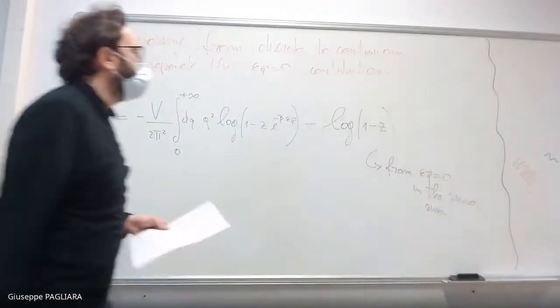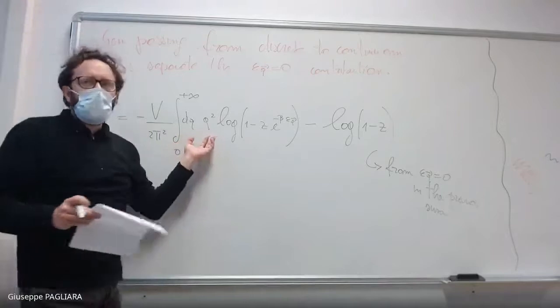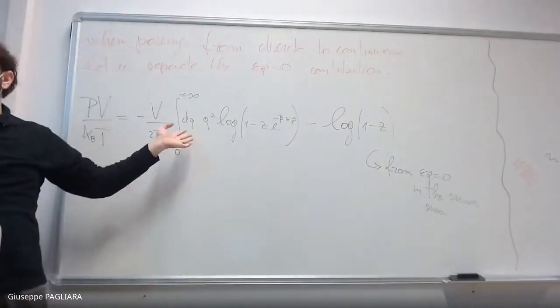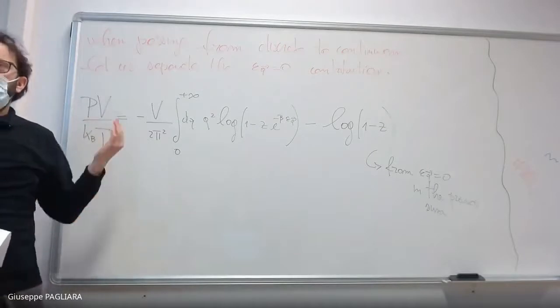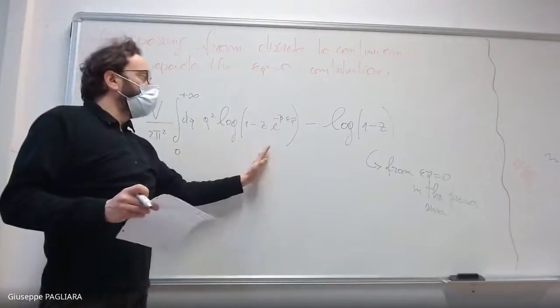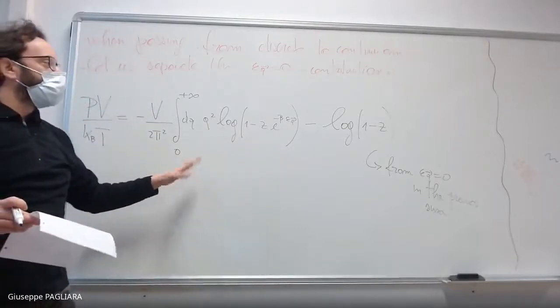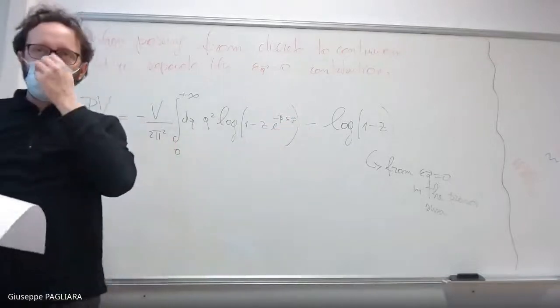Okay, so you see that here I have isolated the logarithmic divergence by basically taking outside the sum the q equal to 0 term. Now, of course, this is a matter of an integral, so the integral doesn't care about epsilon q equal to 0 because it's just one point. Okay, so it's a null measure set. So when doing this integral, if I separate the contribution from epsilon q equal to 0, it doesn't make any difference.